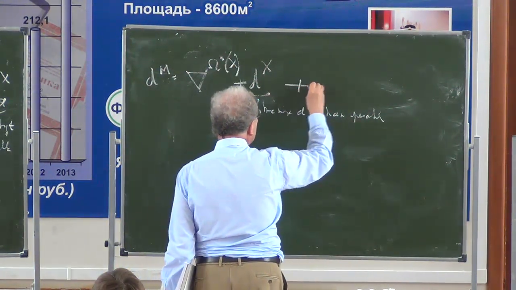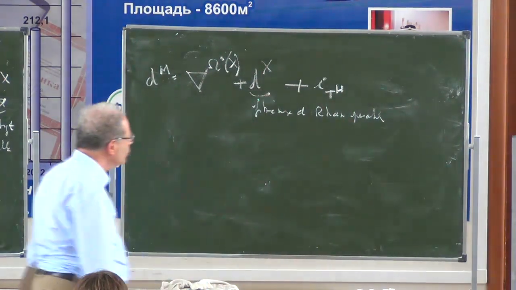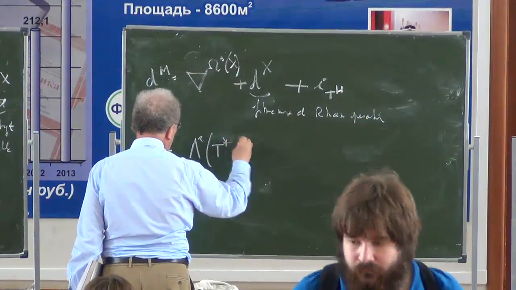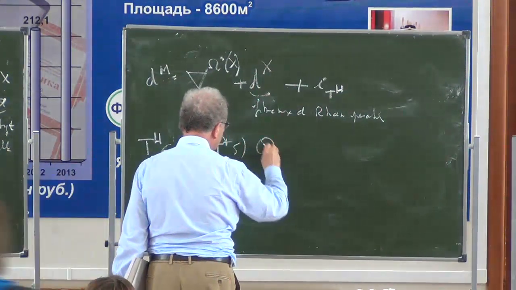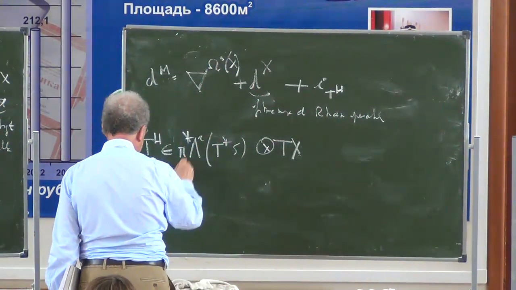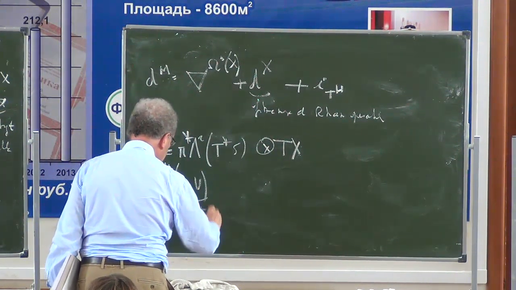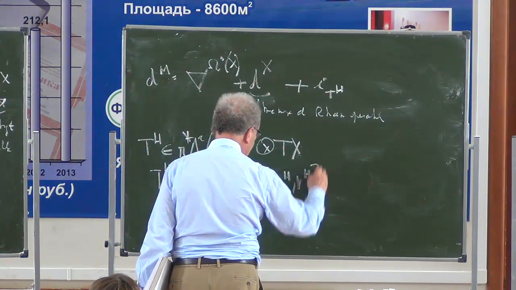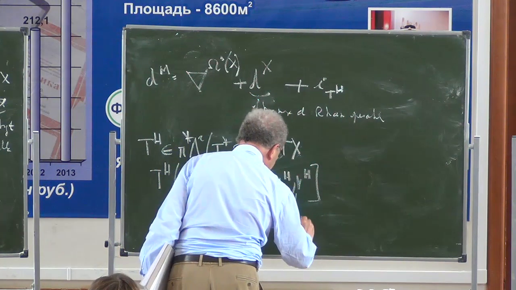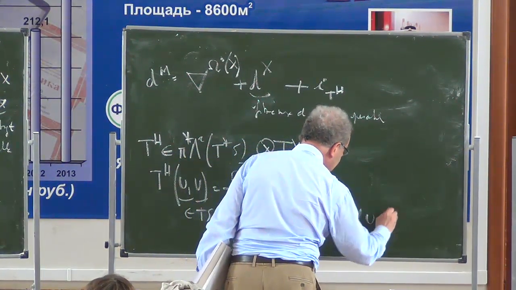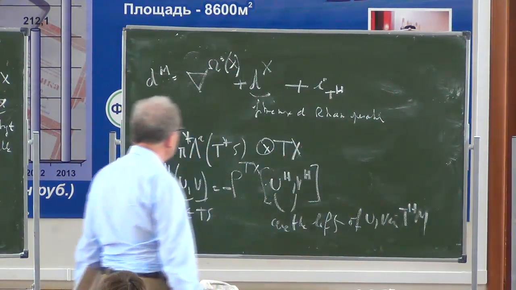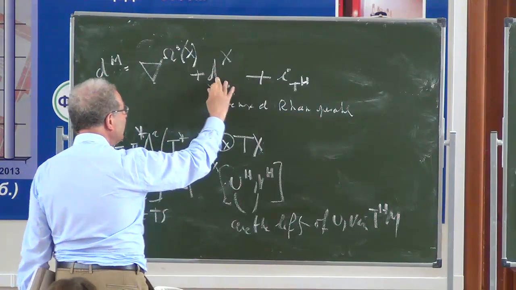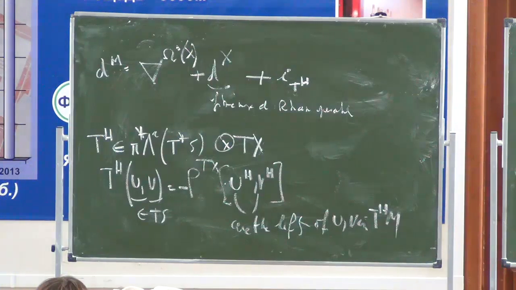And then there is a third term, which is the contraction by theta^H, where by definition theta^H is a section of pi star of lambda 2 T star S tensored with TX, and it's given by theta^H(u, v), where u and v are in TS, equal to p_TX, this is a projector, of [u^H, v^H], where u^H and v^H are the horizontal lifts of u, v in T^H M. So, as we see, it's a non-trivial superconnection in the sense that it's a sum of a connection operator, and then there is this third term, which is a strange term.